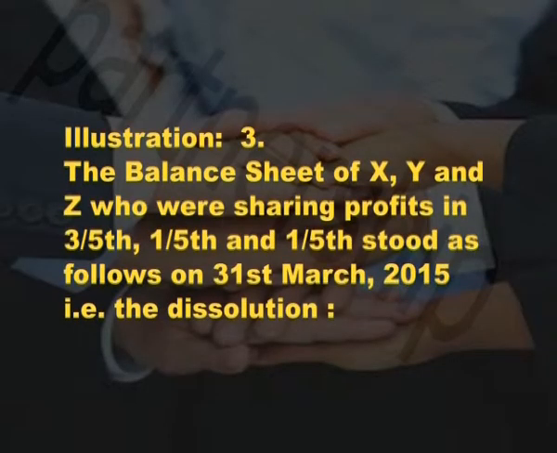We will see another illustration. The balance sheet of X, Y and Z, who were sharing profits in 3/5, 1/5 and 1/5, stood as follows as on 31st March 2015, that is the date of dissolution.